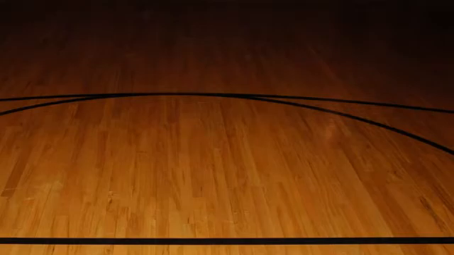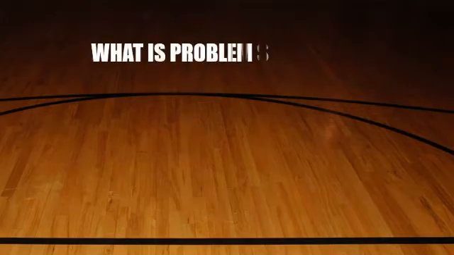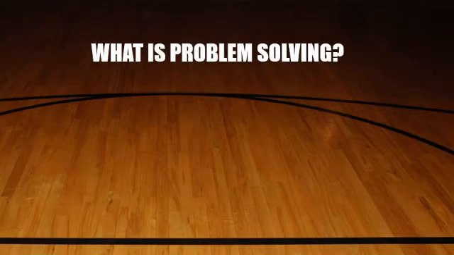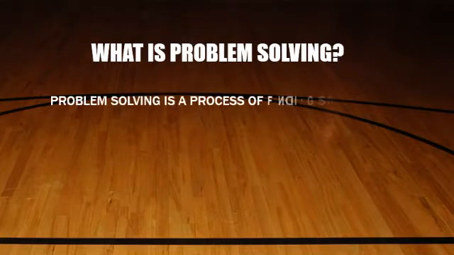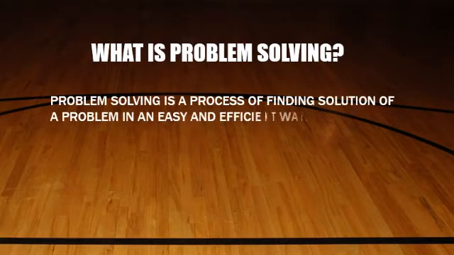In this chapter, we will learn how to solve the problems and which types of method we will use to solve our problems. So, we start from what is problem solving. The definition of problem solving is a process of finding solution of a problem in an easy and efficient way.